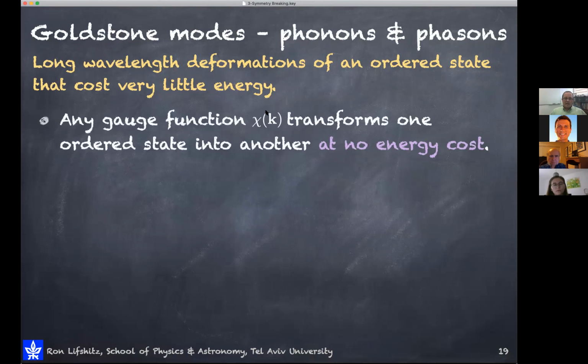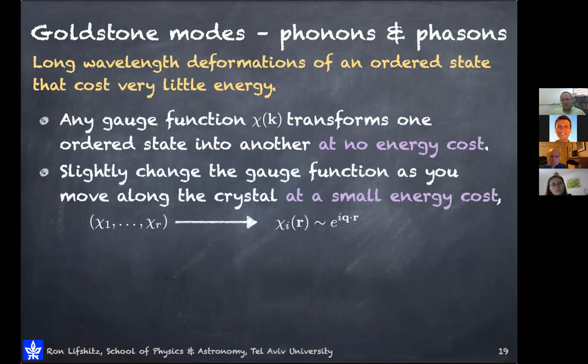I know that a gauge function, chi of k, transforms one ordered state into another at no energy cost at all. So what we're going to do is start from a certain point in space. And as a function of space, as I move along my crystal, I apply a continuously changing gauge transformation.